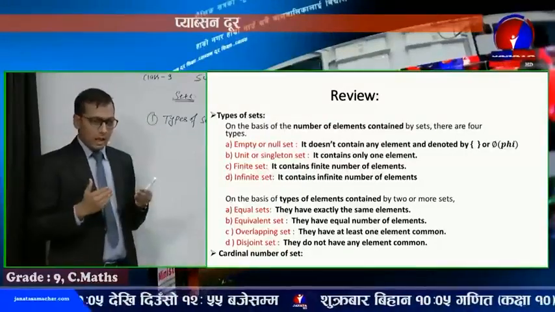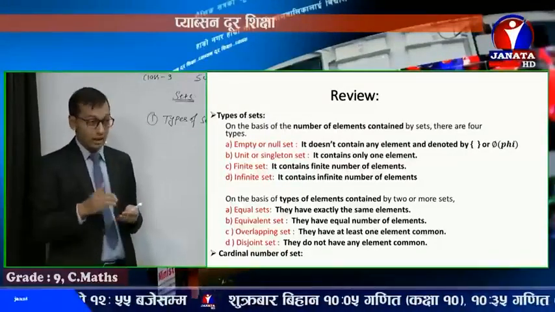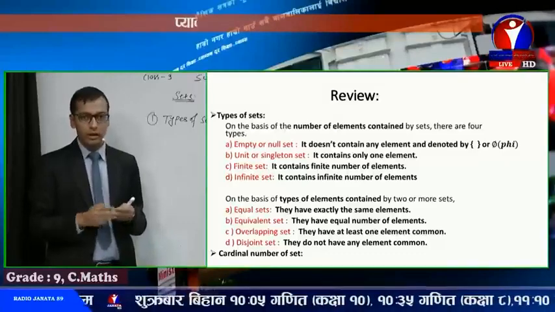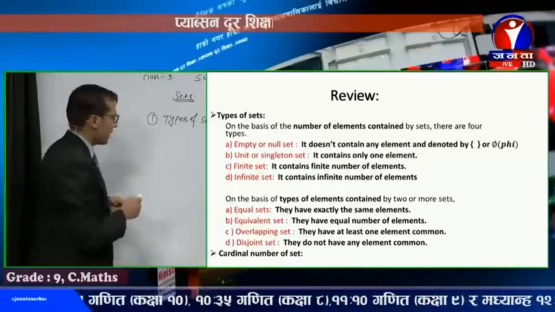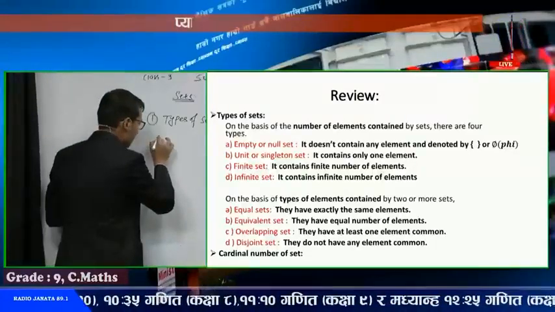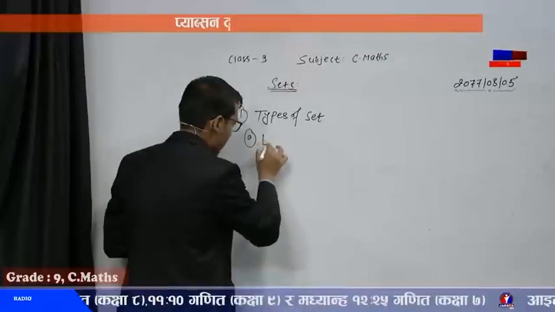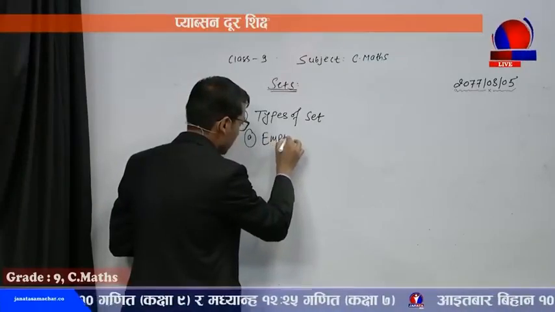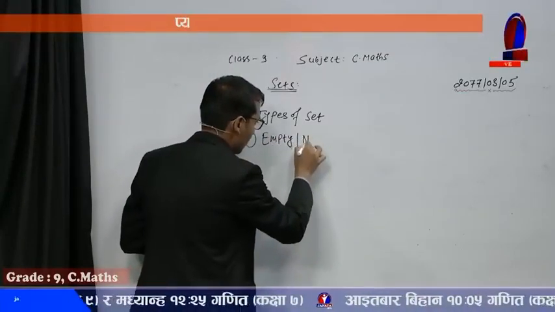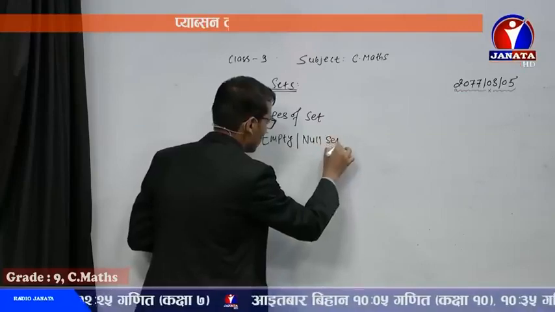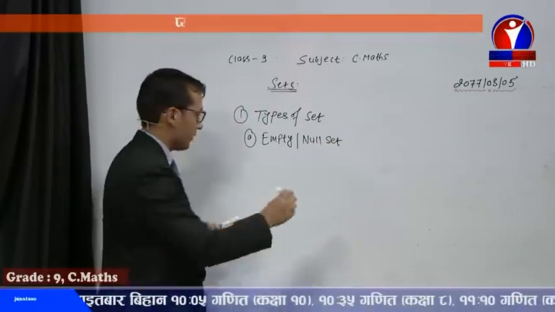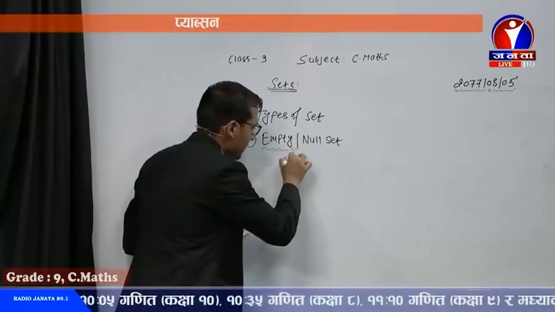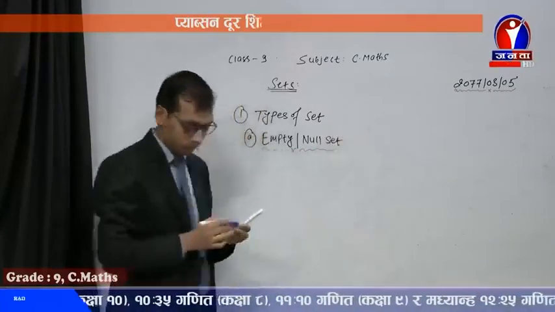I'm sure that you are getting my point, what I'm saying to you. So first, under types of set, is the empty set, or this is also called the null set. Okay, so let's discuss what this is.